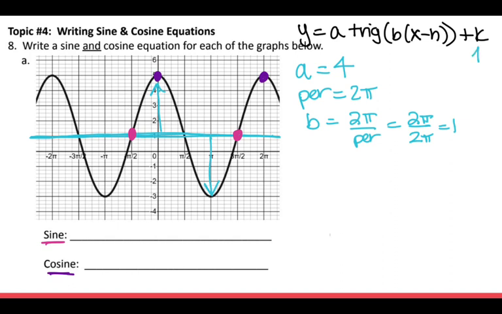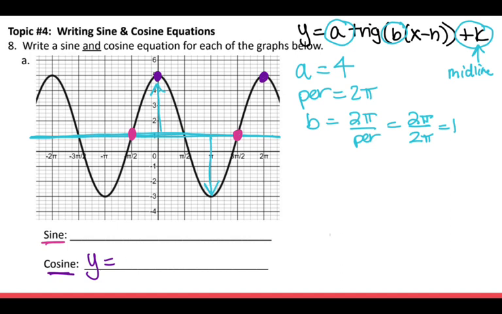Your vertical shift k, that is where your midline is. And as I'm writing the equations, what's going to stay the same regardless of if it's sine or cosine is a, b, and k. So as I'm writing my equation, I'm going to start with cosine first. So I'm going to write y equals, it looks like a normal cycle of cosine. It's not reflected at all.